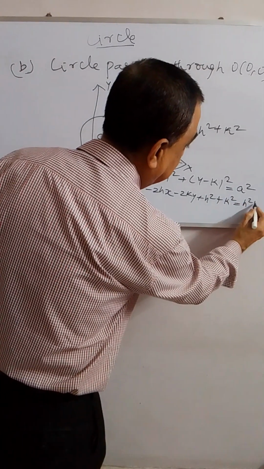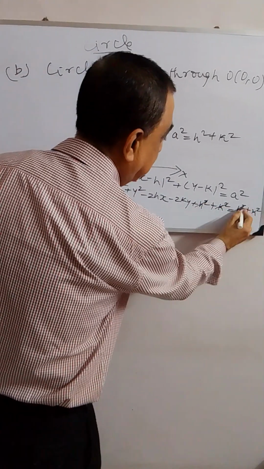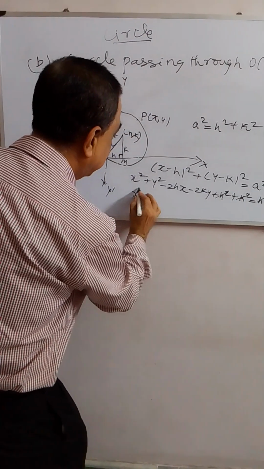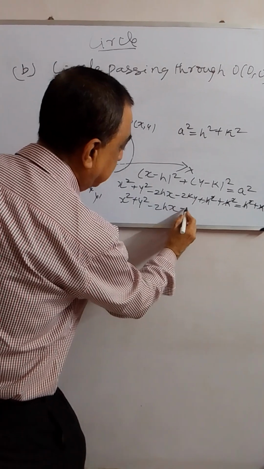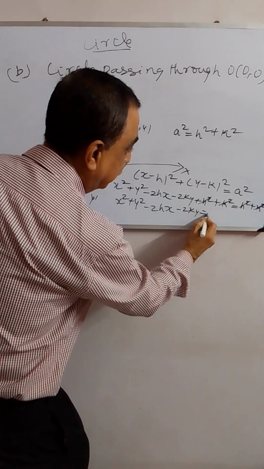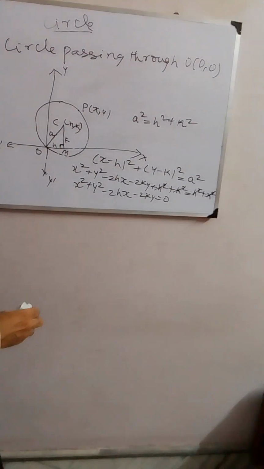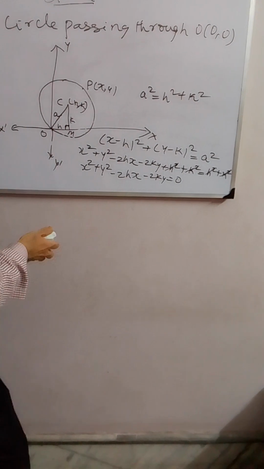Now h squared plus k squared cancel from both the sides. So we get x squared plus y squared minus 2hx minus 2ky is equal to 0. So this is the second standard form of the equation, the particular case when the circle is passing through the origin.